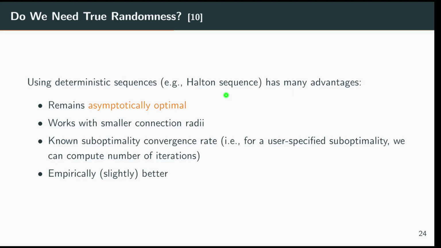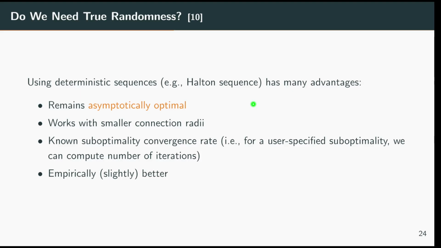Then I have one last interesting remark just on the theoretical side. If you remember, at the very beginning when we talked about sampling theory, we also very briefly looked at this thing called the Halton sequence, which is a sequence that is like a pseudo-random number generator that creates very uniform looking results.